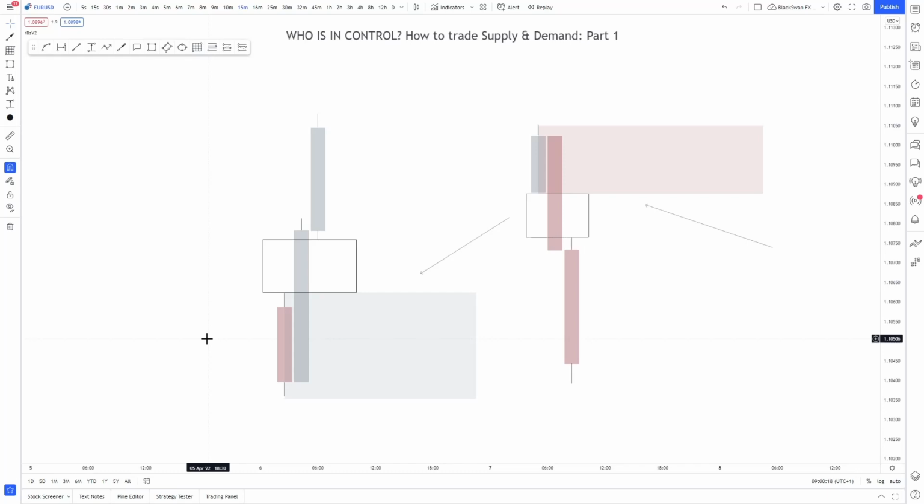So what we like to look for is extremes of ranges that are unmitigated like this, that broke a previous low or high. Because then we know this was the point in price that decided to break structure. And this is when you integrate your idea of supply and demand with structure. Or if we're not at an extreme of a range, we still need to see a decisional impact from the zone.